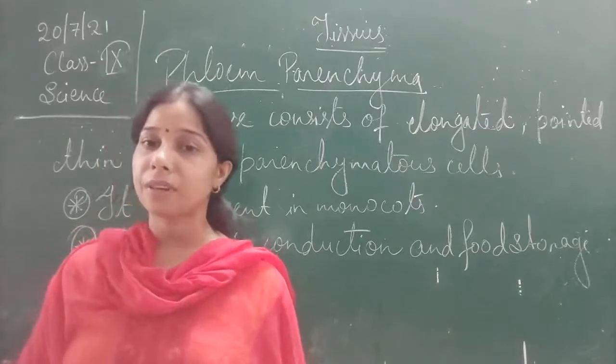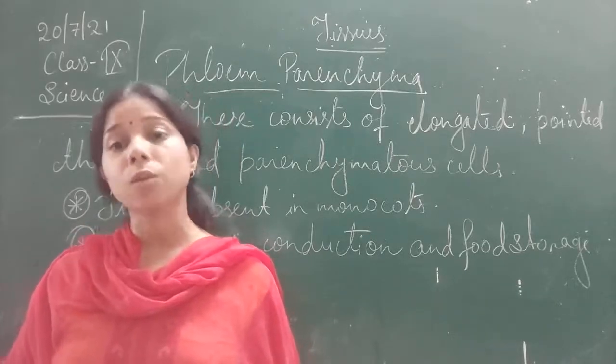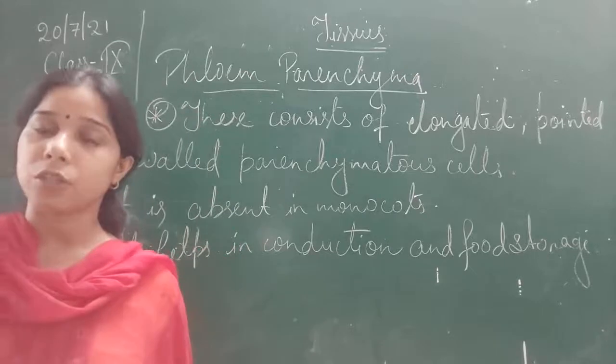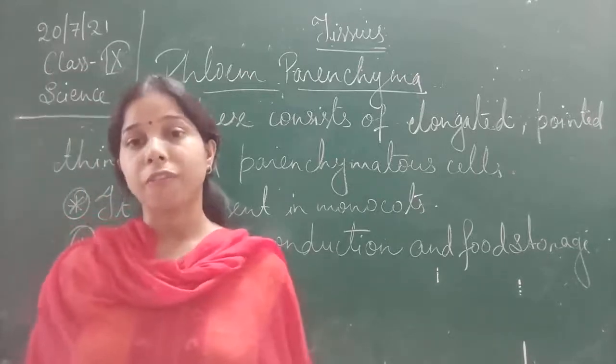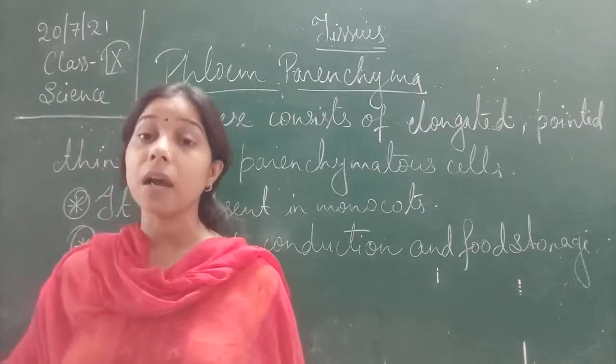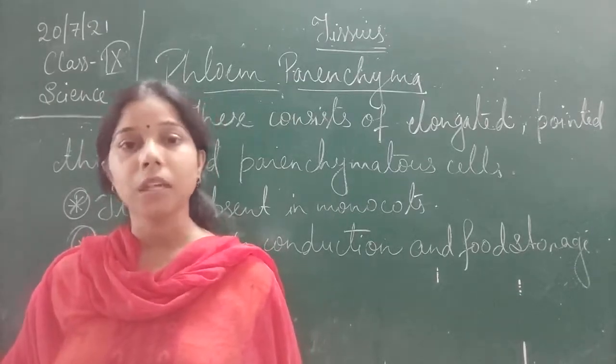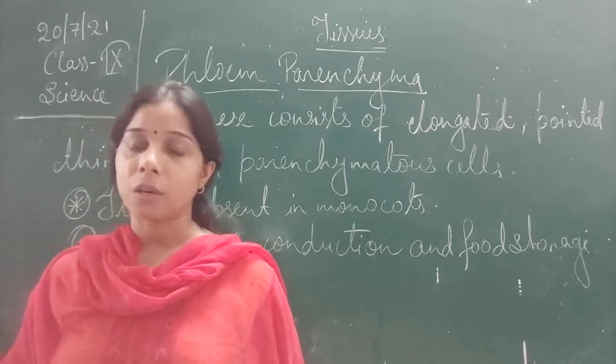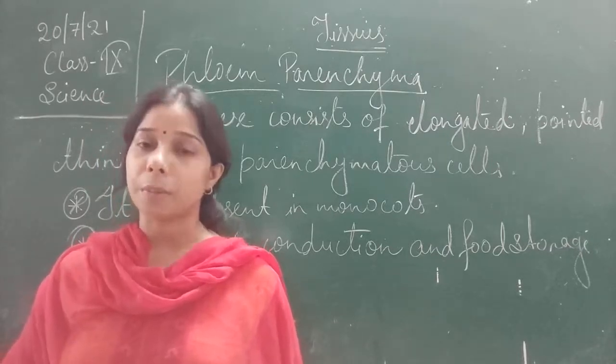These are the 4 different elements of phloem, and all of them help in the conduction of water or food, and that is why both of them are also called conducting tissues in the plant. So this is all about the complex permanent tissue.